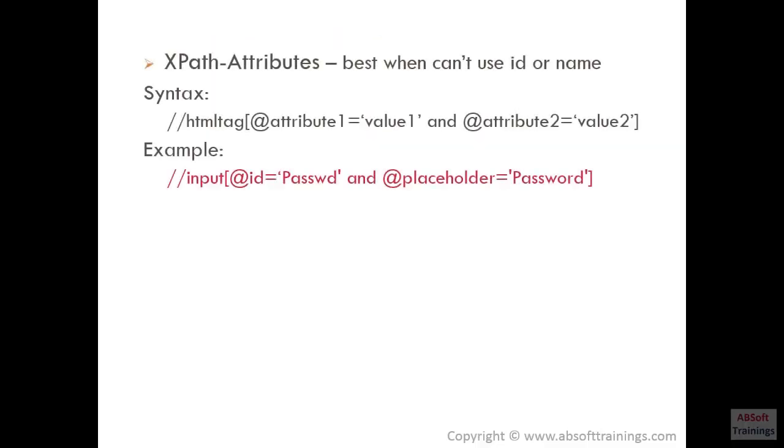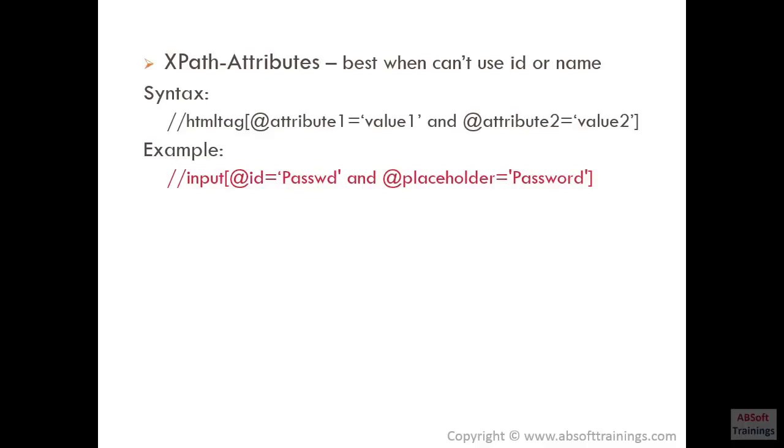Going to the next one, which is XPath attributes. It's always good and recommended to use XPath attributes. XPath attributes is nothing but we are still focused on that element and we are trying to use other attributes to match. For example, if you have id equal to passwd and there is also another element coming before this element with id equal to passwd, then for the second element you cannot use id equal to passwd.